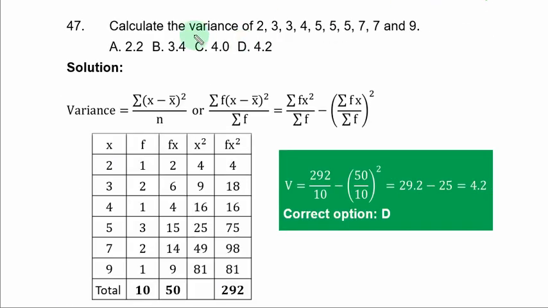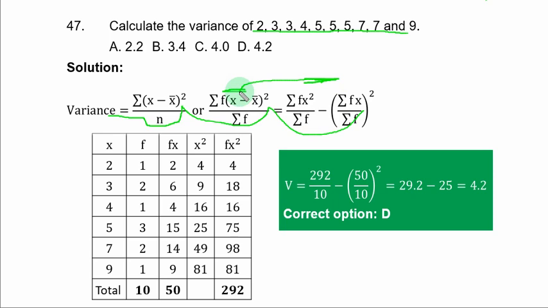Question 47. Calculate the variance of 2, 3, 3, 4, 5, 5, 5, 7, 7, and 9. Variance is calculated using this formula for ungrouped data, or this for grouped data. This is the expanded form of this one, so both are the same.